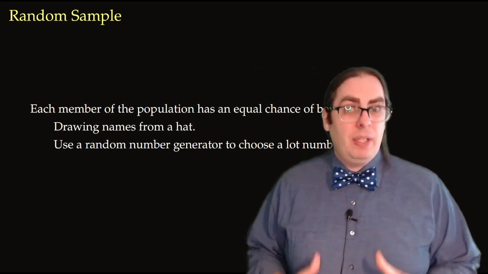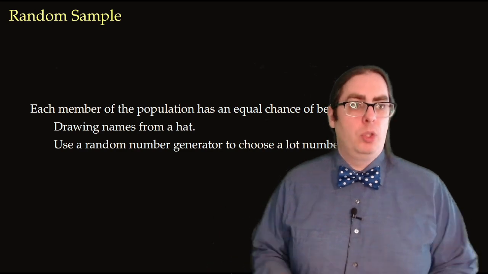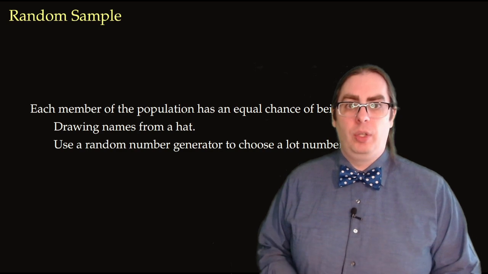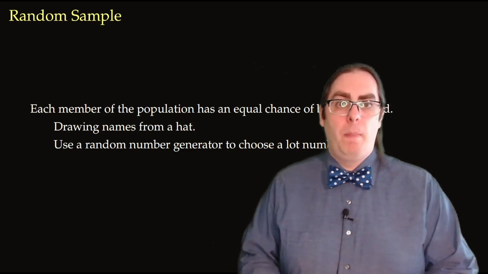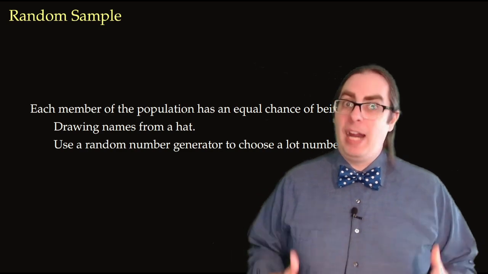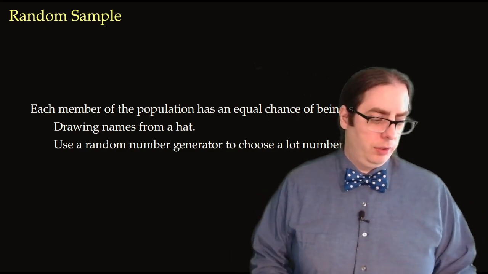It's not a very practical sample when you're looking at something that large. And so we generally are going to need some tool to make our representation work and still be practical for the researcher.